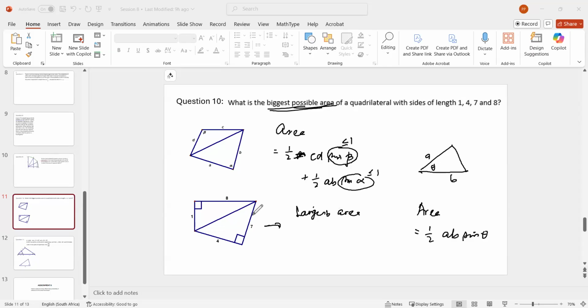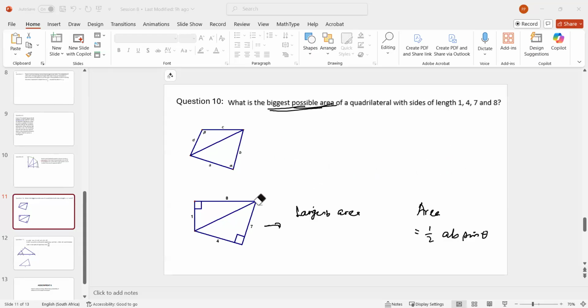Okay. Now, you've got the numbers 1, 4, 7, 8. But now the question is, where do 1, 4, 7, and 8 fit here? And that's an interesting question. Where do I put them? Then you see, but wait a minute.